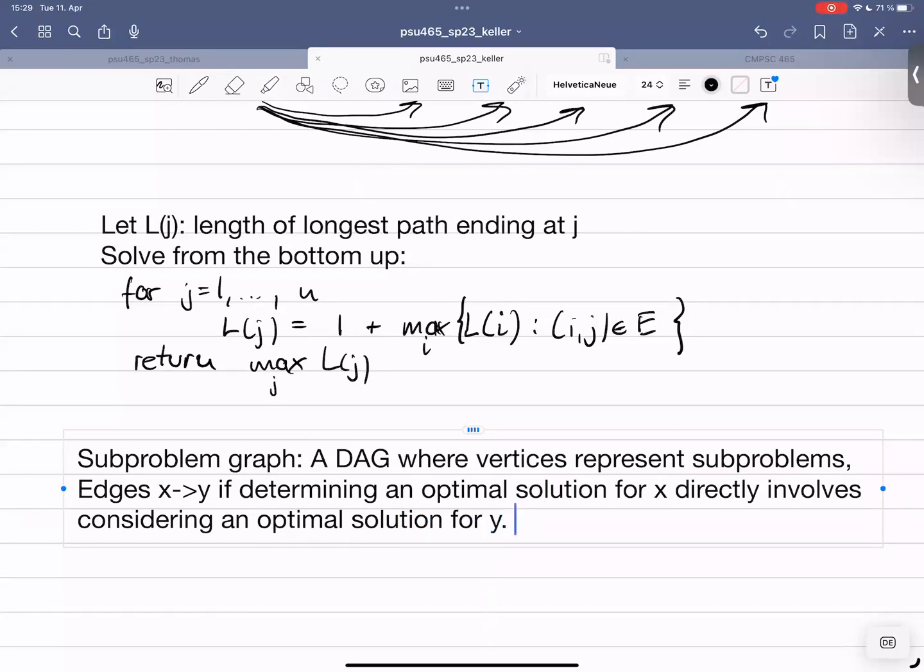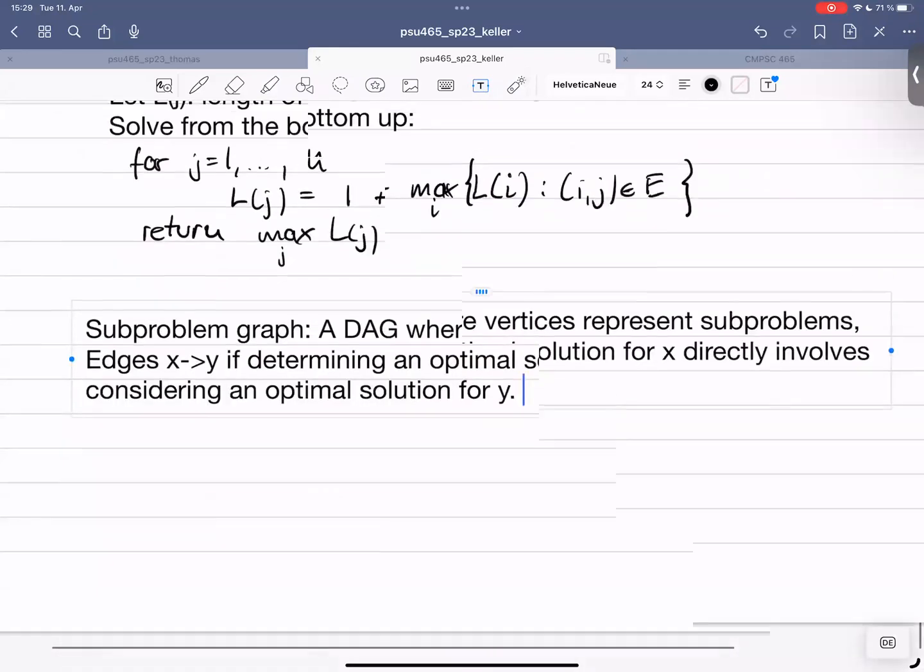Can everyone see how this corresponds to the subproblems and to the graph that we showed before? Our subproblems were these Ljs, and we had edges that correspond directly to these edges that I have described here, except that in the definition of the subproblem graph, the direction of these edges is reversed.